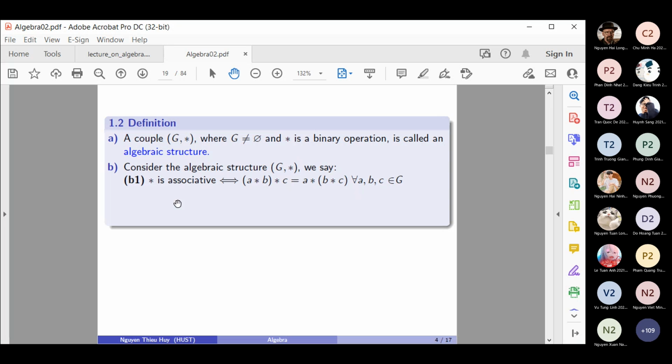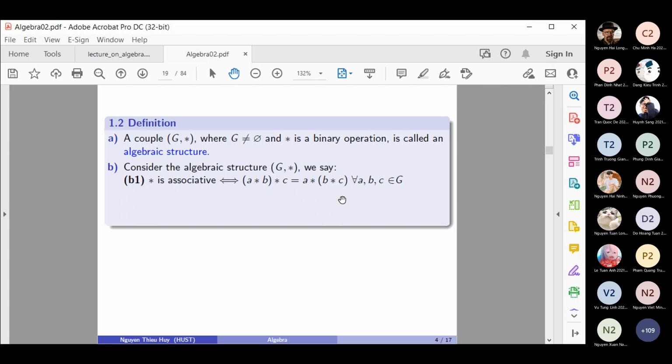Then we say this star, this operation, is associative if we can put brackets anywhere and the result is the same. So (A star B) star C is the same as A star (B star C).